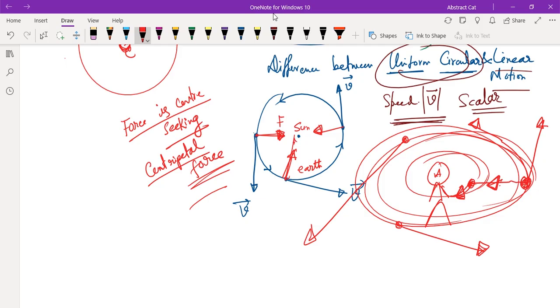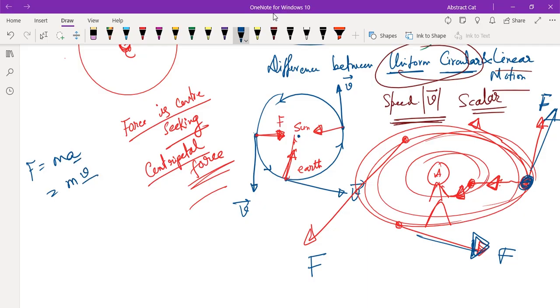Another type of force is called the centrifugal force. What is centrifugal force? Suppose the stone is released from here; the body moves in that direction. From Newton's second law, force equals mass times acceleration, and acceleration equals velocity over time.